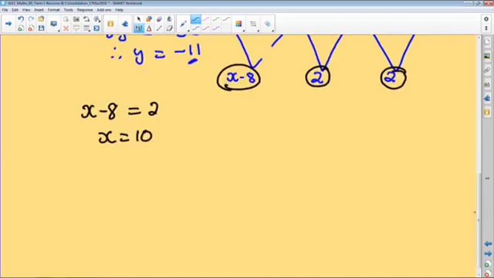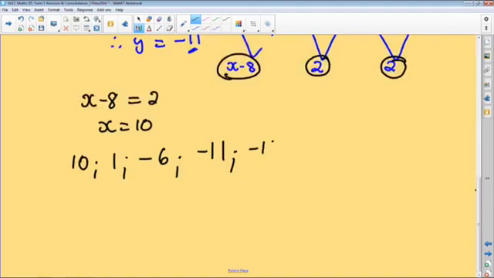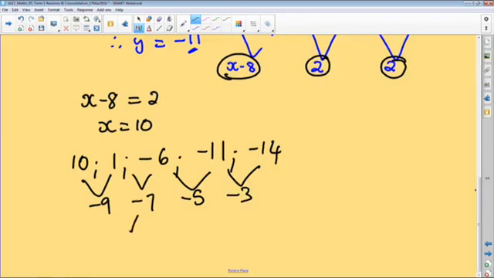So you've got 10, 1, minus 6, minus 11, and the last one was minus 14. Then it's easy to work out the differences. That's minus 9, that's minus 7, and then that's minus 5, minus 3, and then you've got a 2, a 2, a 2. All right.